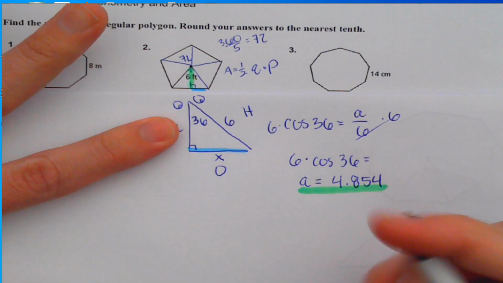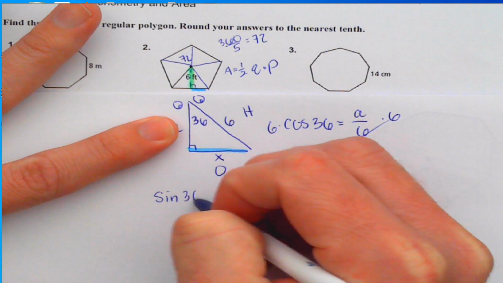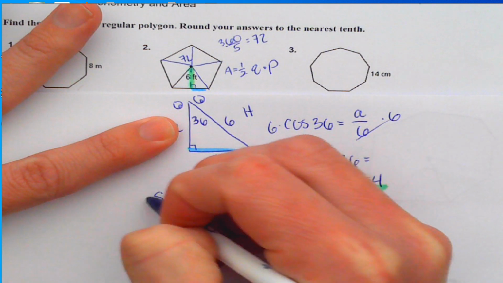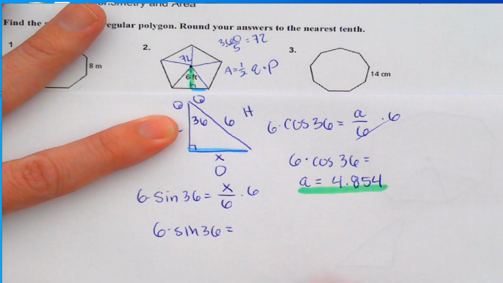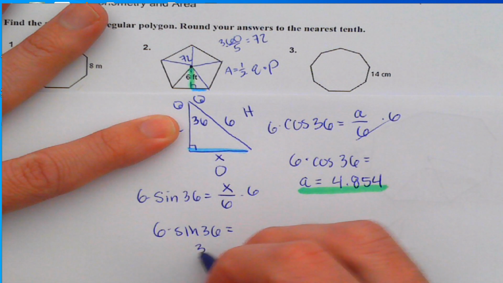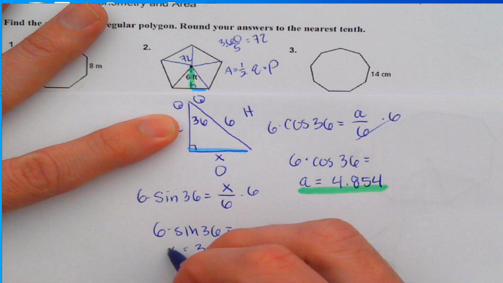So looking at this, we have O and H. We're going to do the sine of 36 equals opposite over hypotenuse, multiply the 6 out. So 6 times the sine of 36 is going to equal 3.526. Okay, so that's what X equals.